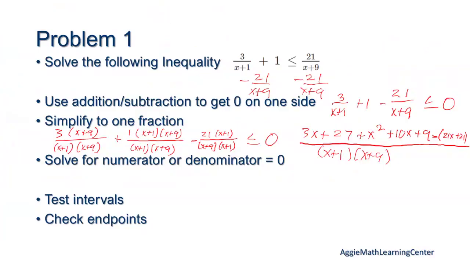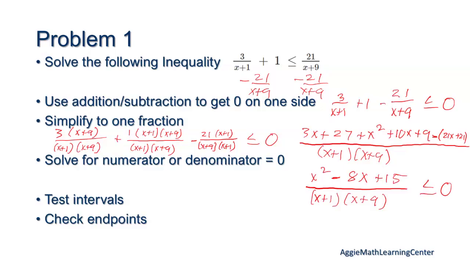If we simplify this down, you get an x squared, a 3x, a 10x, and a minus 21x, which leaves us with a minus 8x. You have a 27, a 9, and a negative 21. 27 plus 9 is 36, minus 21 is 15. So you get plus 15, all over x plus 1 times x plus 9, and that's all less than or equal to 0.